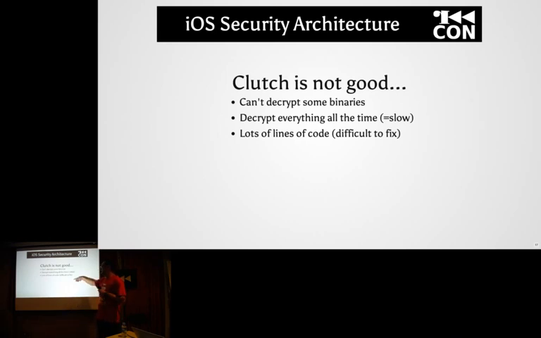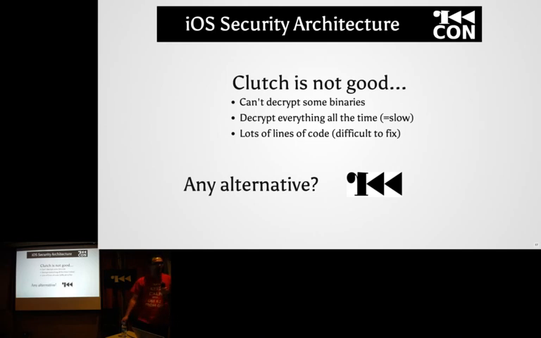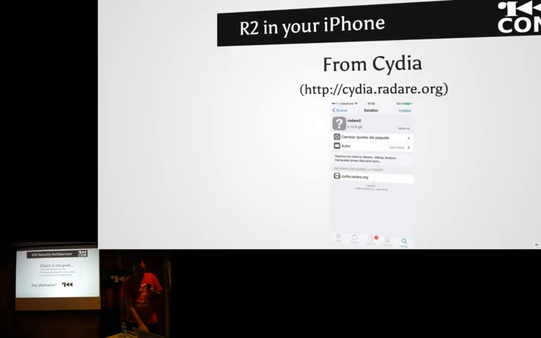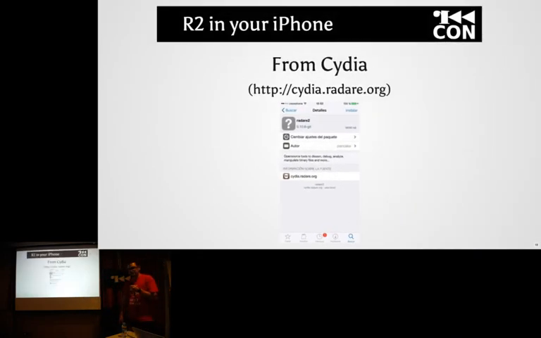And if you want to fix or manipulate something, it's a very big program, so it's not easy to work with. We have an alternative: we can try to do that with radare, and we are going to see what happens.